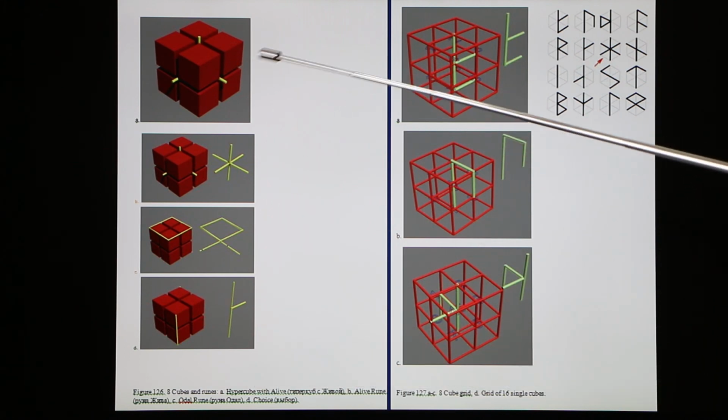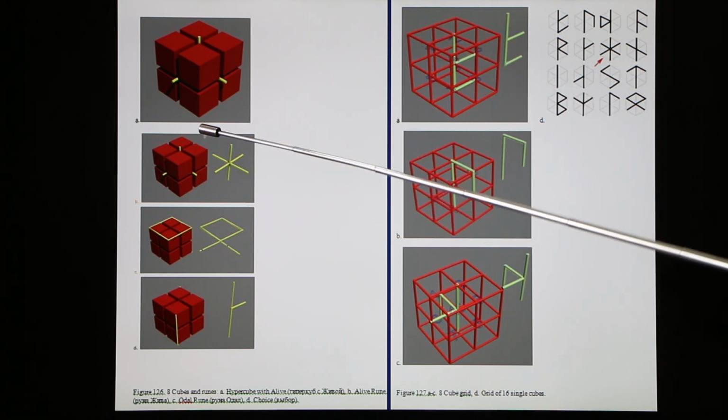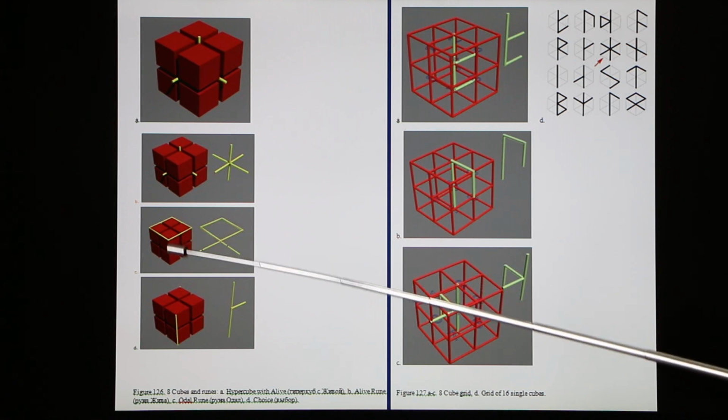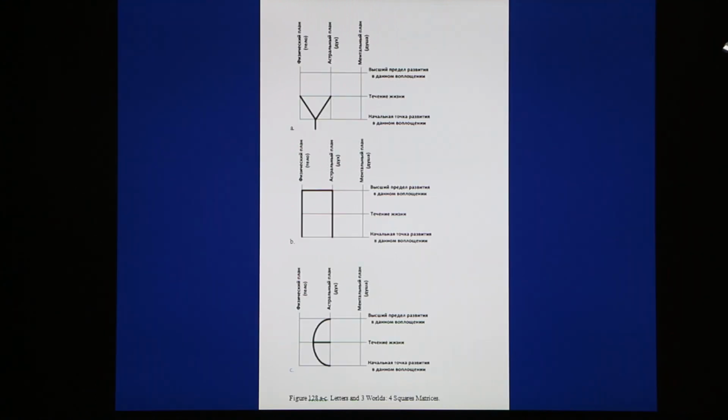Now we have 4 cubes, but now as literally 4 cubes, and the symbol, or here the Haggal, is inside of those cubes. Or here we see it being imposed on a transparent version of 4 cubes. Or here we see yet another alternative.